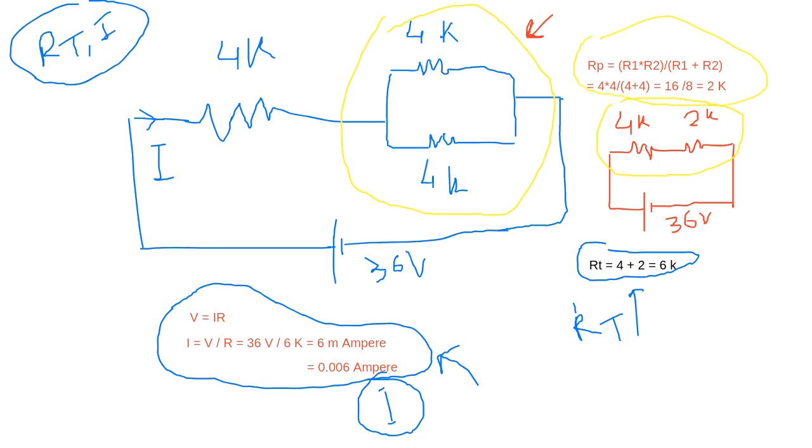If there are two resistors with the same value in parallel, the result is half. 4 kilo gives 2 kilo. If you have 10 kilo, the parallel result of two such resistors will be 5 kilo. It will be half. So this is about this example. Now I will discuss another example.